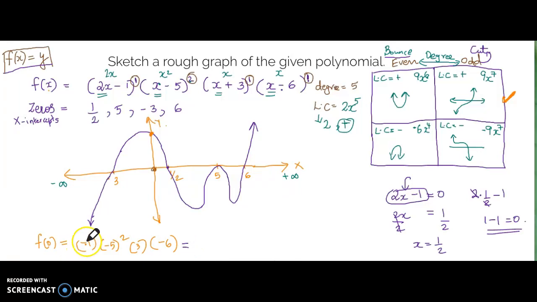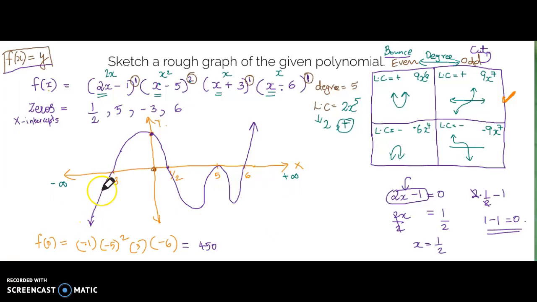When you multiply, that's a negative 1. Negative 5 squared is 25 times 3 times negative 6. We get the answer as positive 450. So that's where this is going to touch the y-axis. That's the y-intercept.